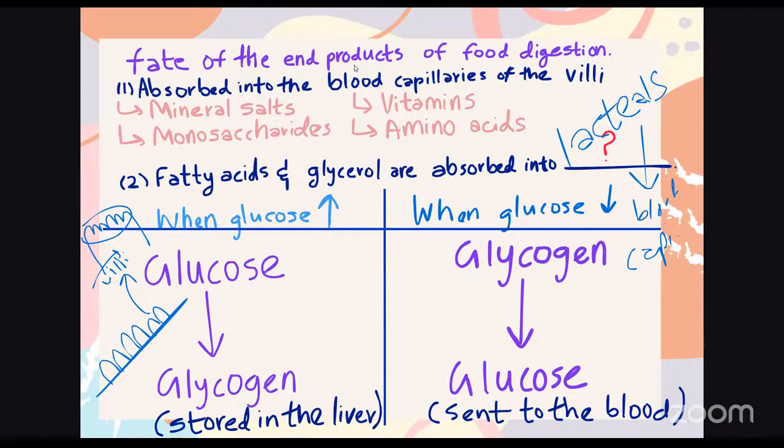So when glucose level increases, it's converted to glycogen and stored in the liver, which is why we are not supposed to take a lot of sugar. When the glucose level is low, the glycogen in the liver is converted to glucose and sent to the blood.